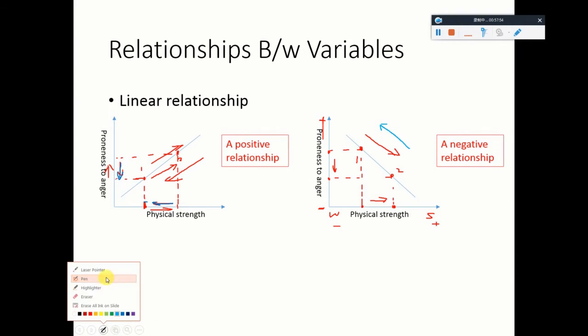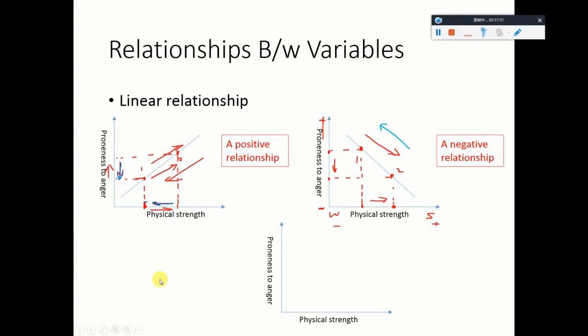Now, another question for you is, what if I want to describe a situation where this variable and this variable have no correlation at all? That means, how can I use a straight line to visualize a situation where there's zero correlation between this variable and this variable?